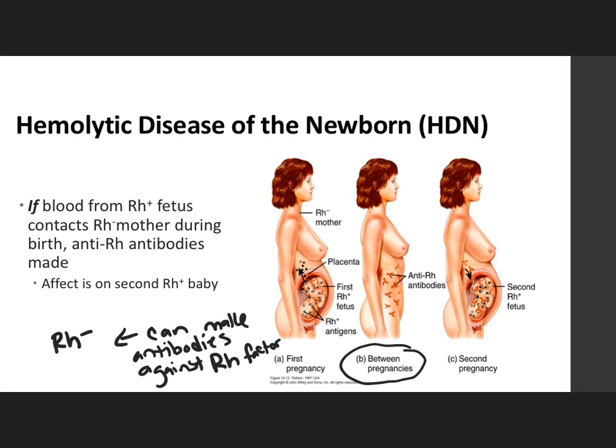And so that's what they're showing you here between pregnancies. The first pregnancy, the baby was born, their blood mixed, she came into contact with that Rh antigen, she made antibodies, and now she gets pregnant again, and she has another Rh positive baby. Now this time the antibodies are going to be able to pass through, and then start binding up to the Rh positive found on the red blood cells of the baby.